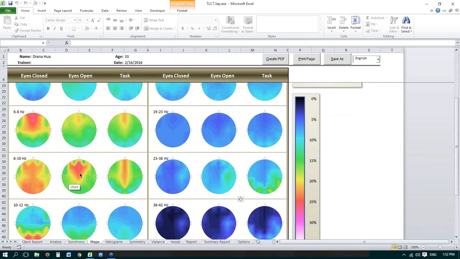It looks like perhaps even a head injury somewhere in this line here from FC to CZ. Very, very high levels of alpha. Slow alpha, 6 to 10, although there is some 10 to 12, it's back where it should be. This is the front of the head, this is the back and the two sides, but it doesn't go away with the eyes open, and it doesn't go away at task. So that's something that we would want to be training.